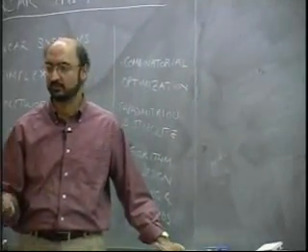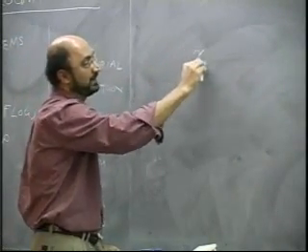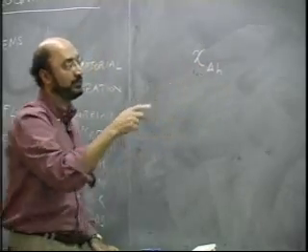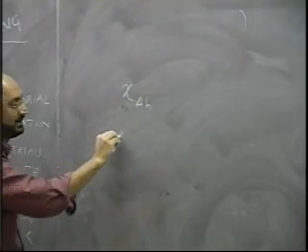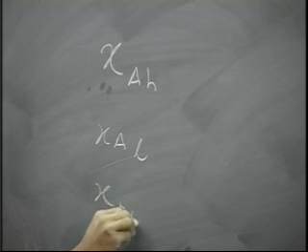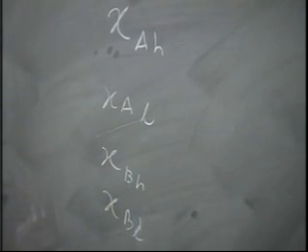So we define the variable X_AH to be the amount of traffic from application A on high, similarly X_AL on low, and X_BH and X_BL as the corresponding parameters.